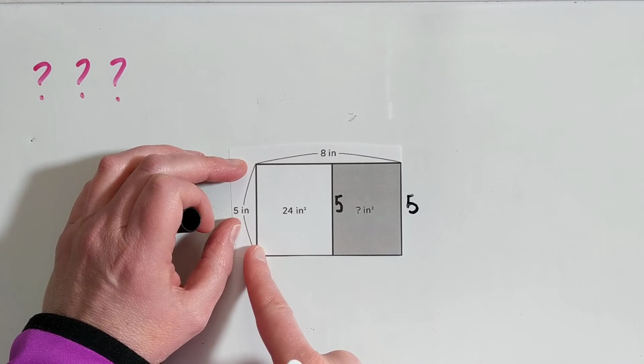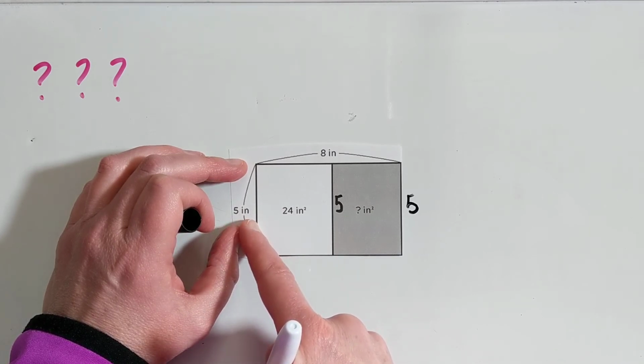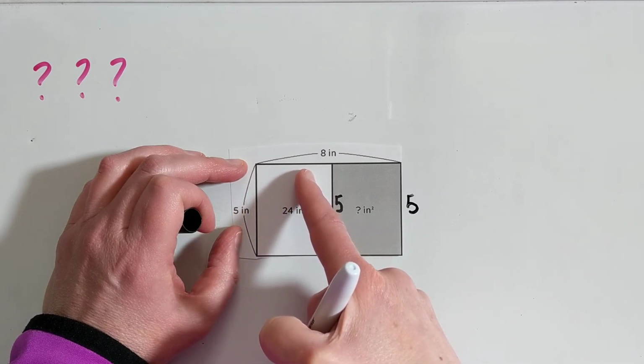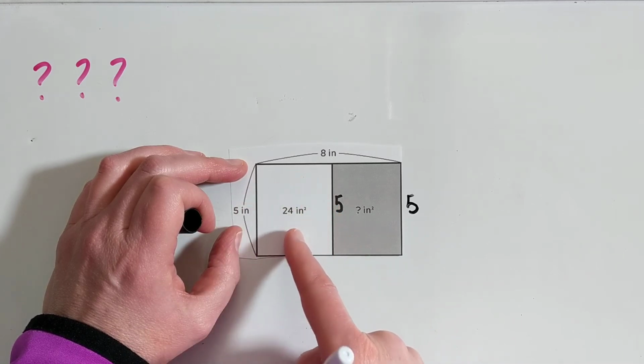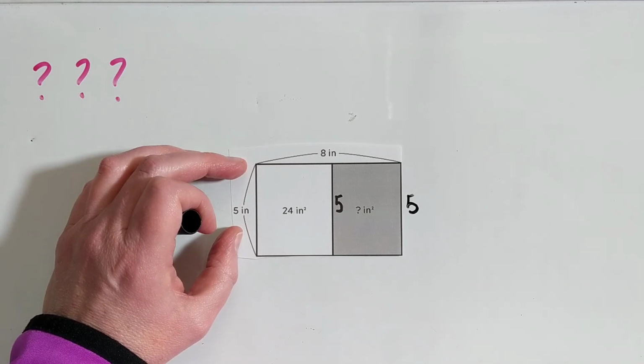If this is 5 and the area is 24, 5 times what gives me 24? That is a good question.